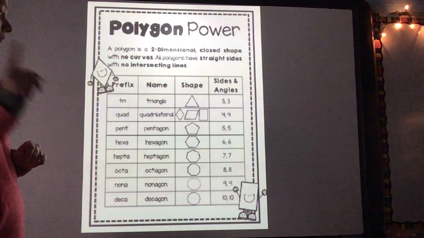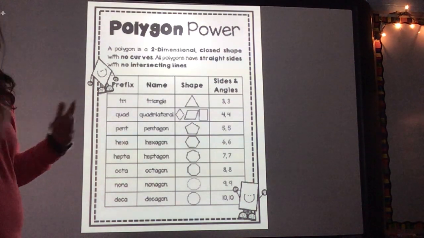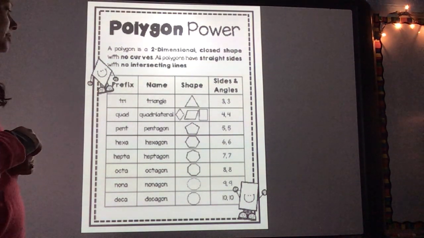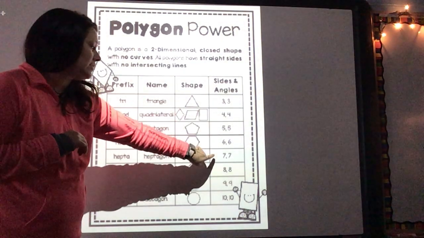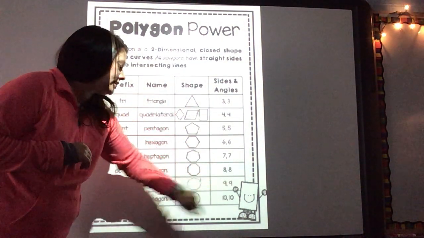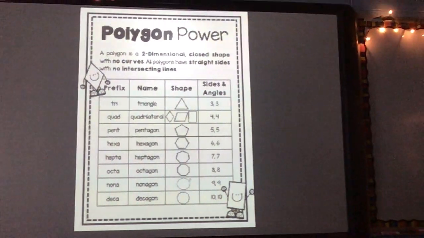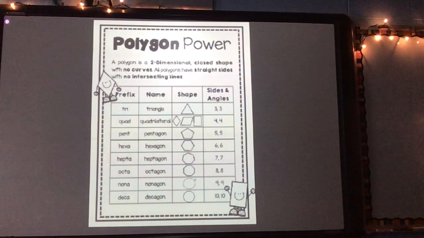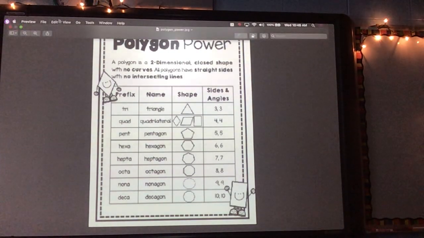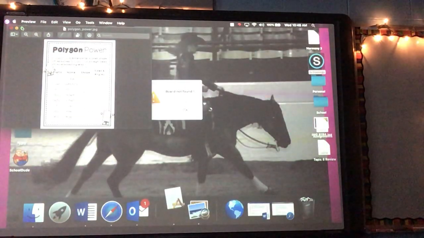Pentagon. Remember, our extras that are good to know, but I'm not going to ask you to memorize, would be our 7-sided, 9-sided, and 10-sided polygons. If you do, I'm proud of you, and that is great. If you don't, that is perfectly okay, and you will be doing more practice with those in middle school.